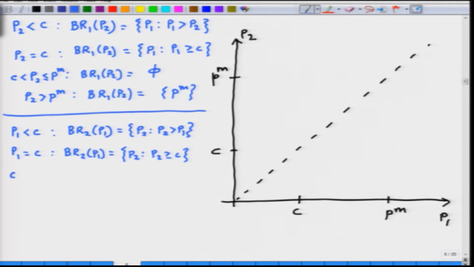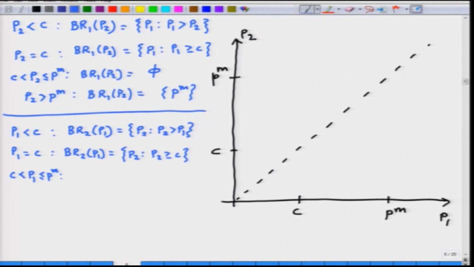Similarly, if firm 1 is choosing a price between the marginal cost and up to the monopoly price, take the extreme where firm 1 is exactly choosing the monopoly price. If I am firm 2, I would want to undercut firm 1 by the tiniest possible amount, so I would price at P1 minus epsilon.